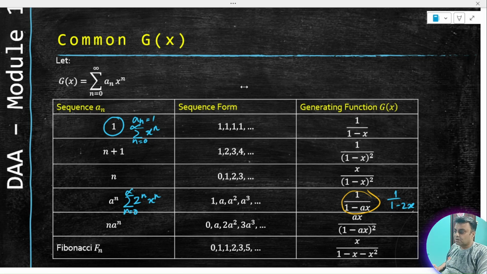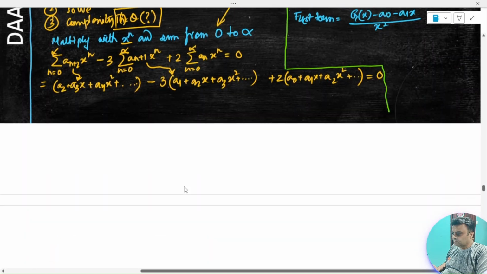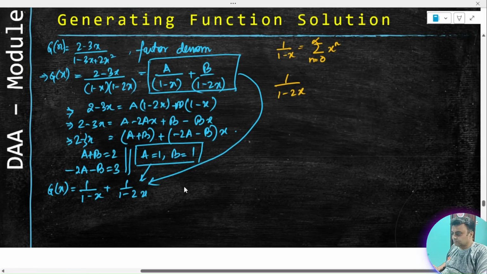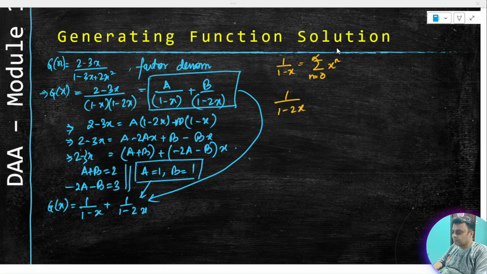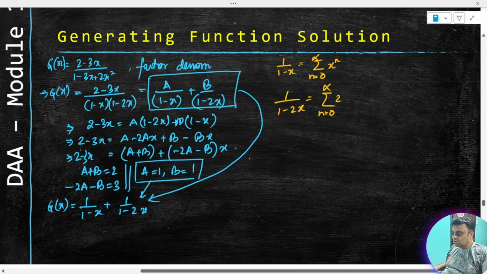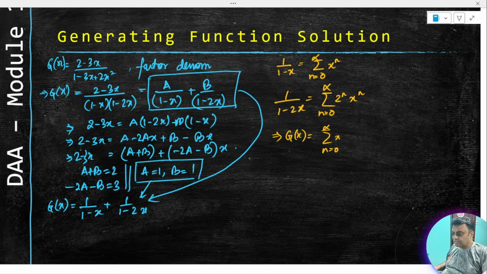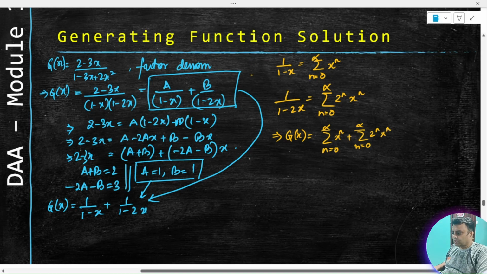Now if I go here, then I can write this down as 1 by 1 minus 2x is equal to sigma n equal to 0 to infinity 2 to the power of n x to the power of n, which implies I can write my Gx as sigma n equal to 0 to infinity of x to the power of n plus sigma n equal to 0 to infinity of 2 to the power of n x to the power of n. Right? So I can write this as this.